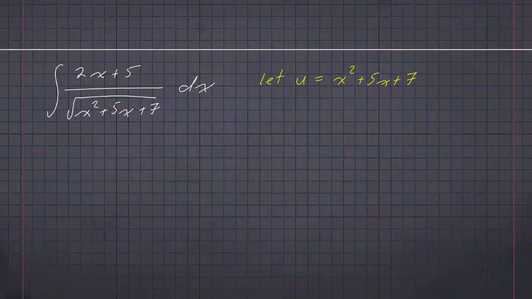And if I differentiate implicitly here, du is 2x dx plus 5 dx, and the derivative of 7 is 0.